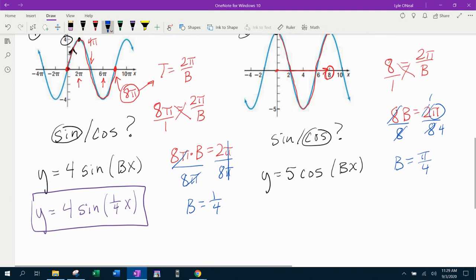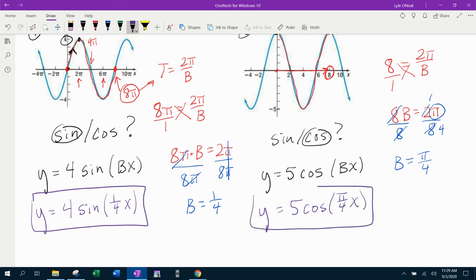So here that tells us that our b value is pi over 4. And so our final answer for this wave would be y equals 5 cosine of pi over 4 x. That would be our final answer for that.